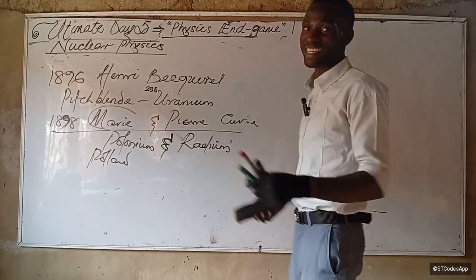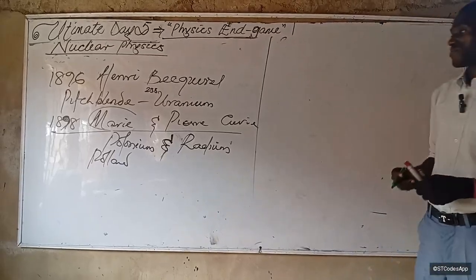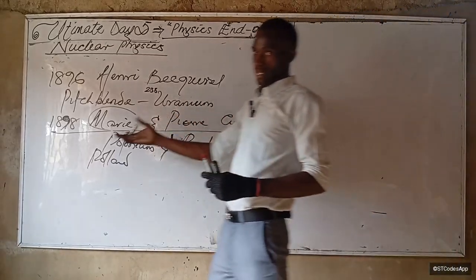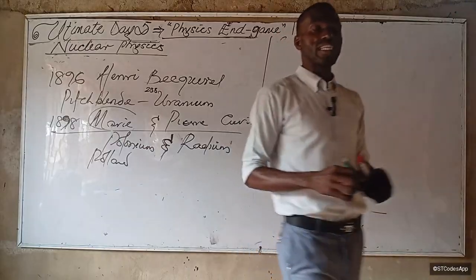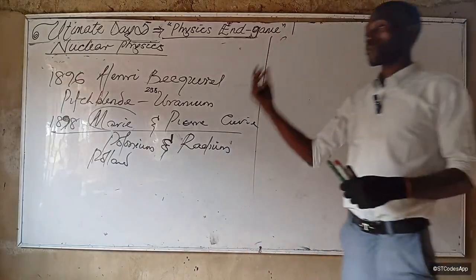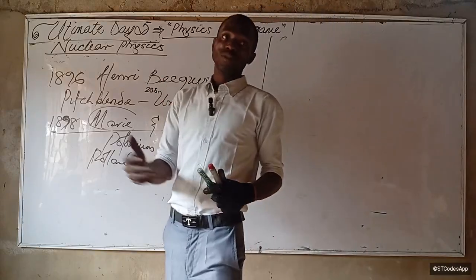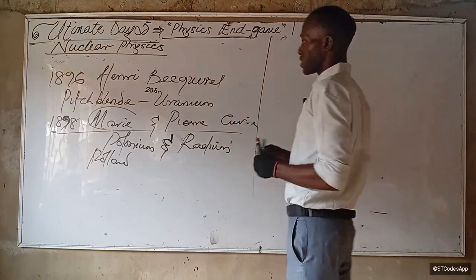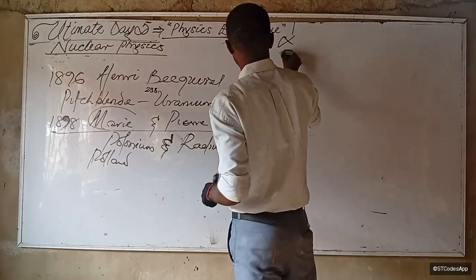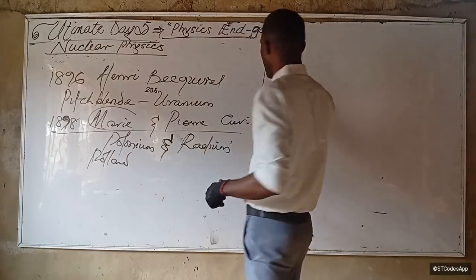So that's the case. We discovered that there were three types of radiation. I will call them alpha, beta, and gamma radiations.